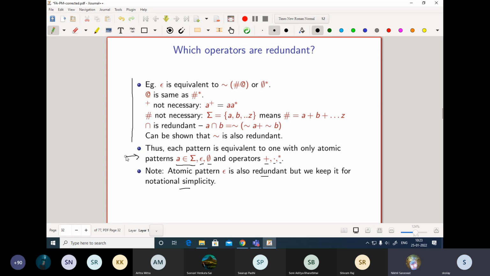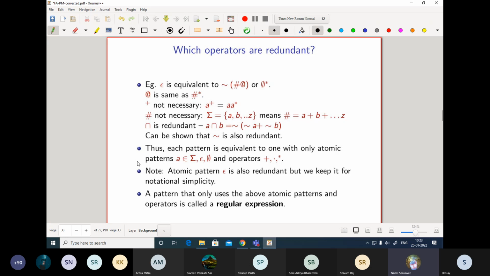So basically the observation is that there are certain symbols in sigma dagger which are redundant, which can be replaced by a combination of other symbols, and the entire pattern still matches the same language. A pattern that only uses the above atomic patterns and operators, where sigma dagger has been reduced to only these symbols, is called a regular expression.